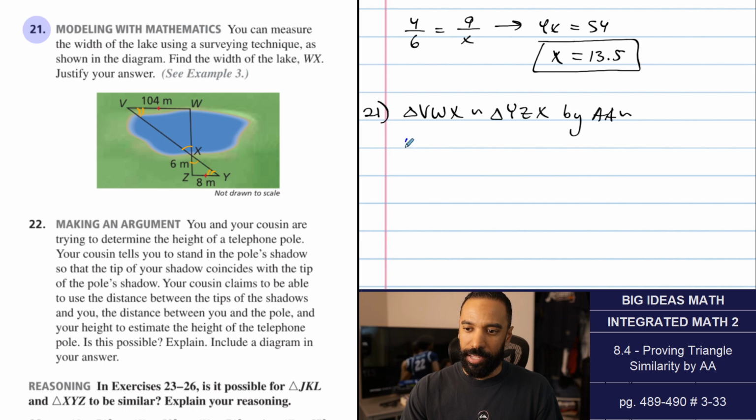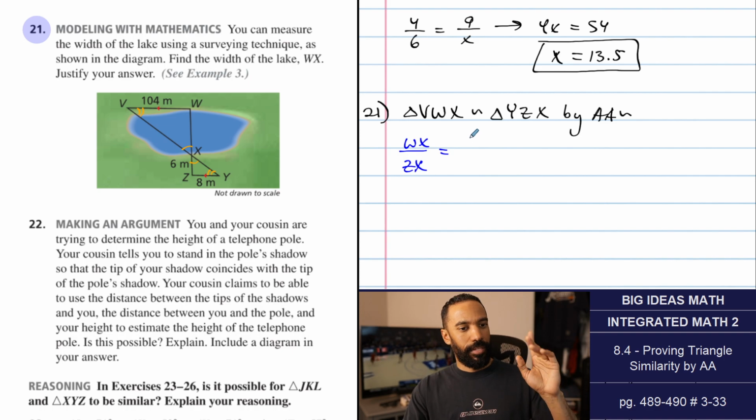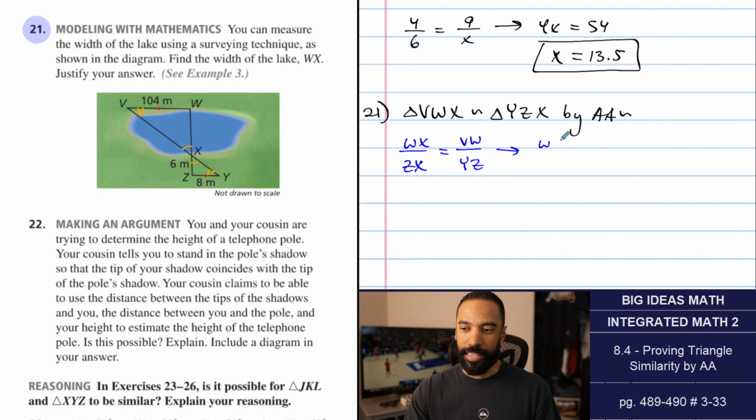The length of WX is to the length of ZX, as the length of large triangle VW is to the length of YZ, which are known marked bits. So let's find that length of WX. WX is to 6 as 104 is to 8.